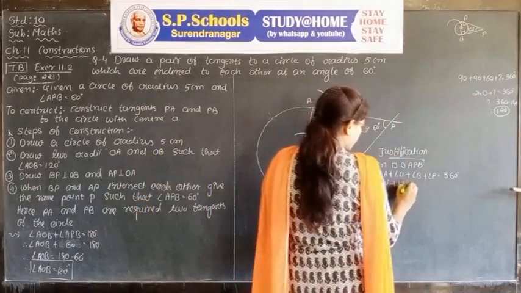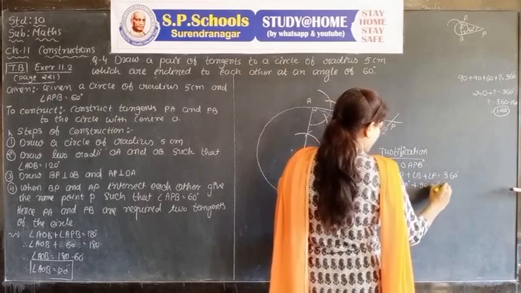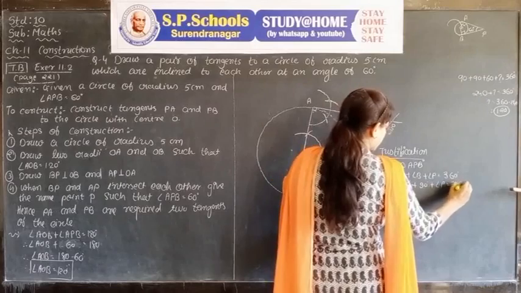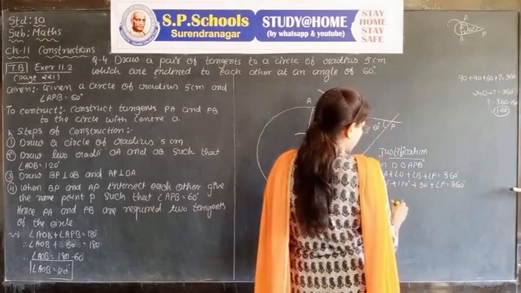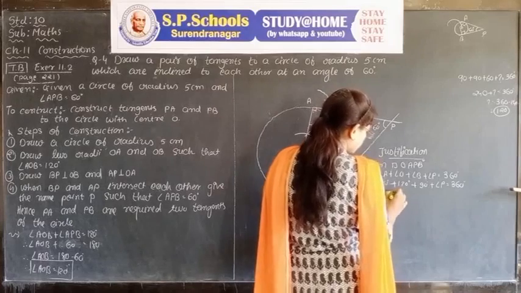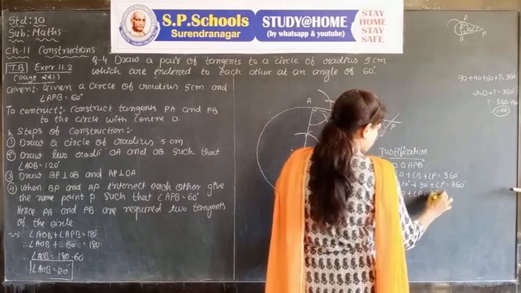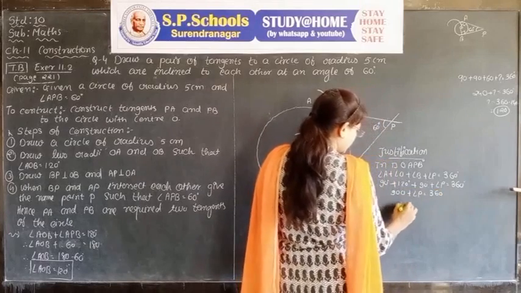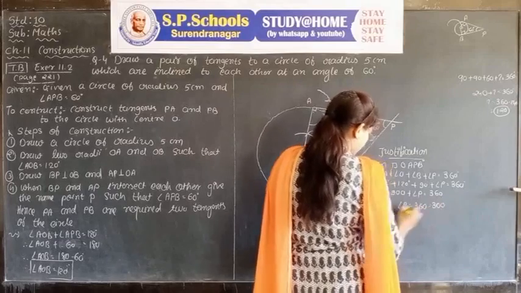Angle O is 120 degrees and angle B is equal to 90 degrees. So 90 plus 120 plus 90 is equal to 300, plus angle P is equal to 360. That's why angle P is equal to 360 minus 300.